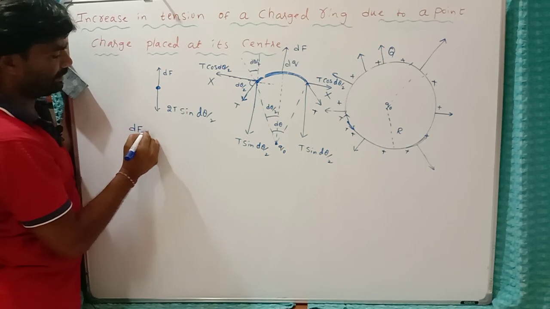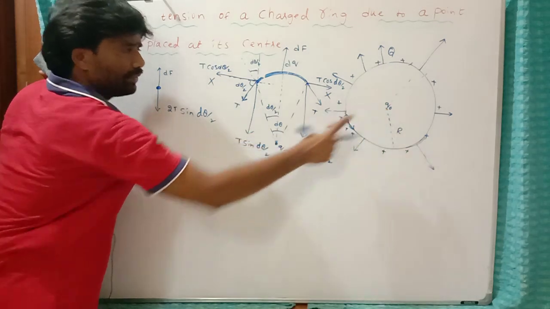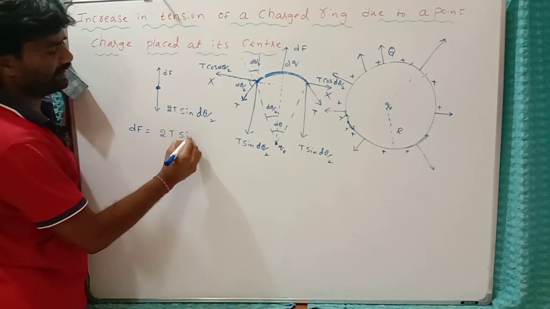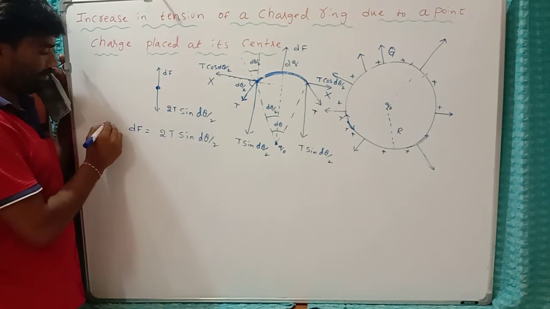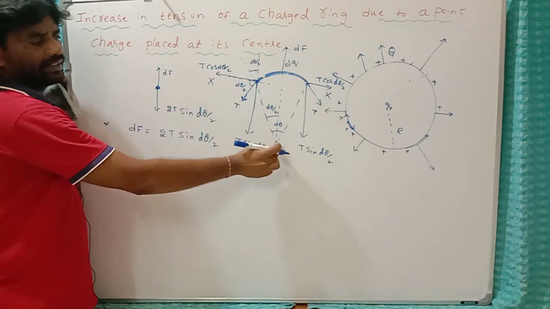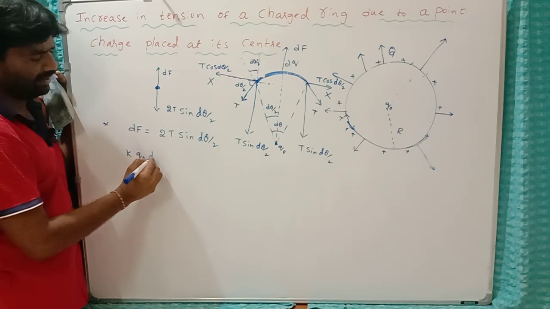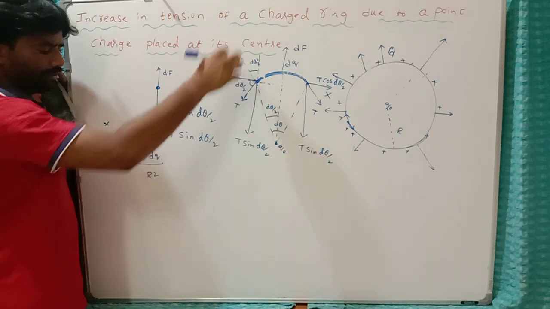Now dF, the force acting on that small element of the ring due to this Q naught, equals 2T sin d theta by 2. What is dF? It is the electrostatic force between this Q naught and this element. You can write that as k Q naught dq by r square, where r is the distance between these two.